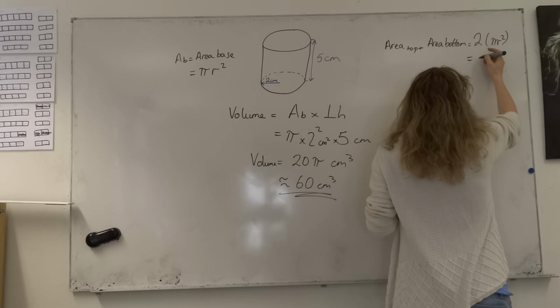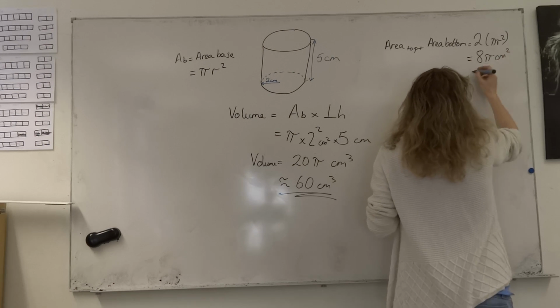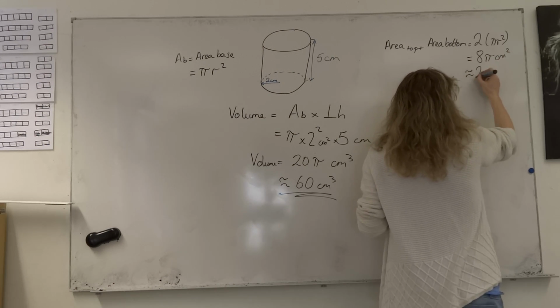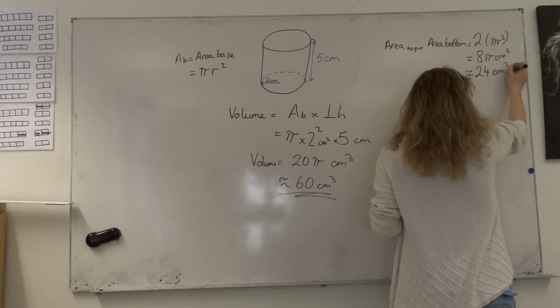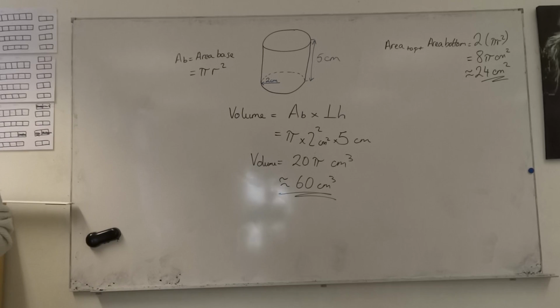So 2 lots of pi r squared would be 8 pi centimeters squared. And if pi is 3, 8, 16, 24, approximately 24 centimeters squared. And that would be the area of the top and the bottom.